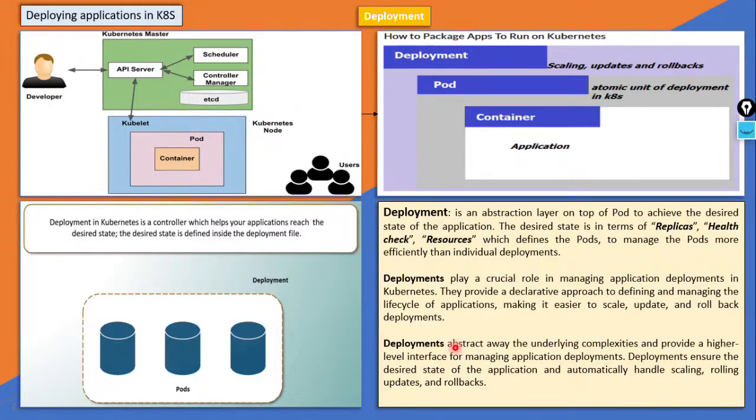Abstraction is one of the concepts of object-oriented programming. Anyway, it abstracts away the underlying complexities and provides a higher level. So you are hidden from the underlying complexity of the implementation. You only concentrate on what you want, not how it is done. Deployments ensure the desired state of the application and automatically handle scaling, rolling updates, and rollbacks.